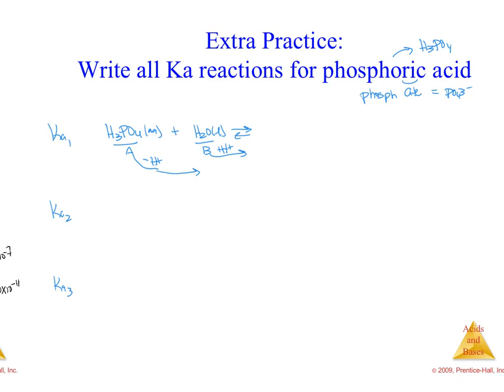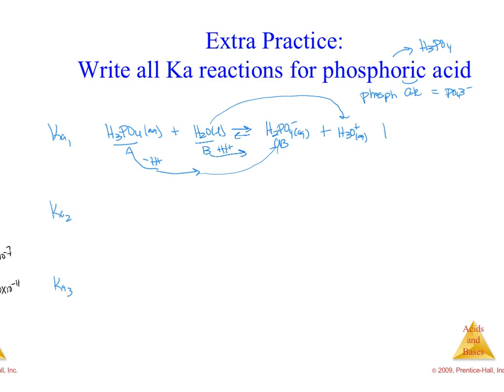Okay, so thank you for pausing and working out this problem. We're going to now go over this together. So I know my phosphoric acid is the acid. It's going to lose a proton. So the conjugate base is going to be H2PO4 minus aqueous, plus my base gains a proton, turns into H3O plus.